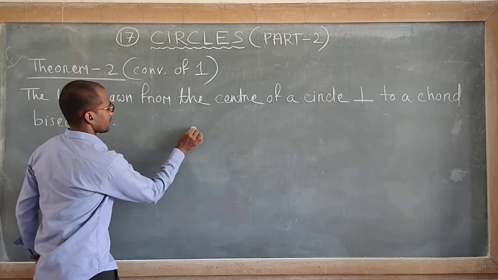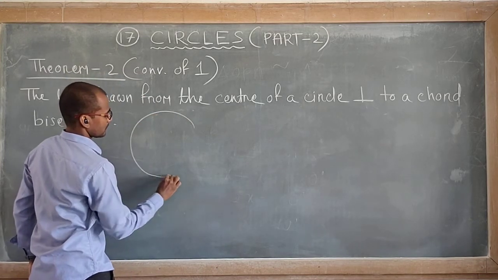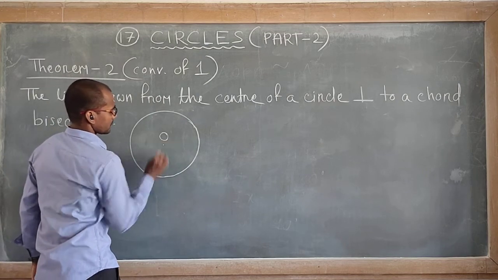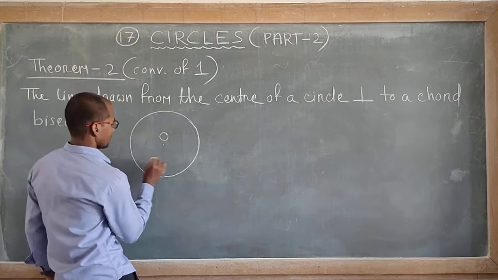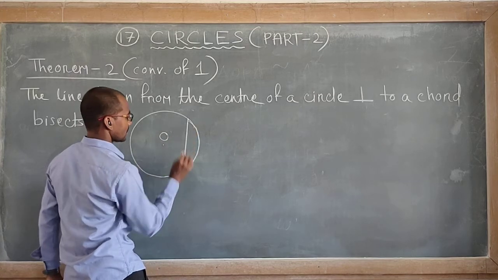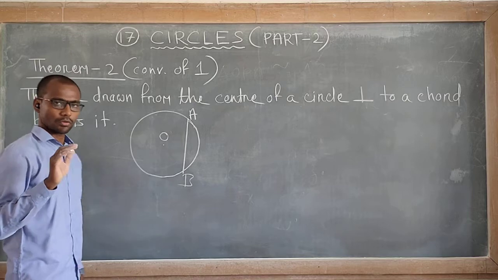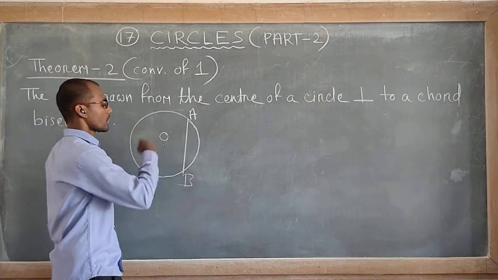So let us draw the circle. Let O be the center. Let AB be a chord. Now we are going to draw a perpendicular from O on AB.